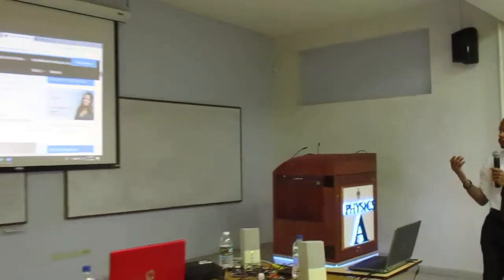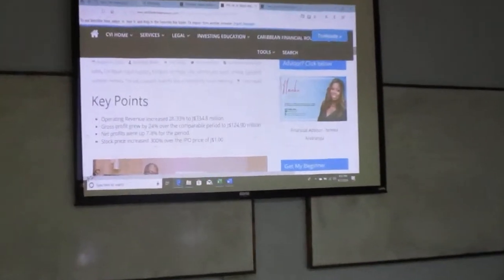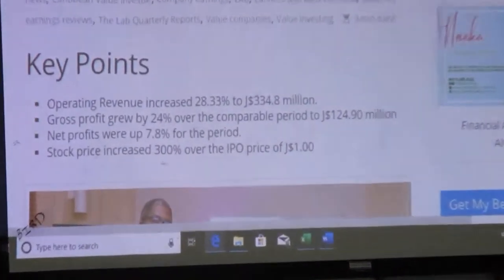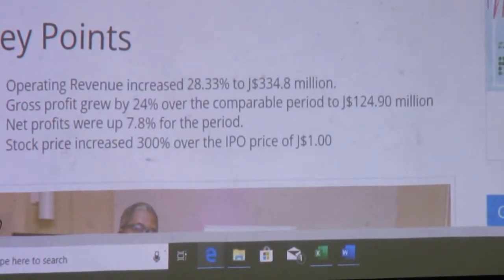So the key points from the Lab's Q1 earnings were as follows. Their operating revenue, which is the same thing as revenue, grew by 28.33% to 334 million. Remember, this is for the quarter. Gross profit grew by 24%.